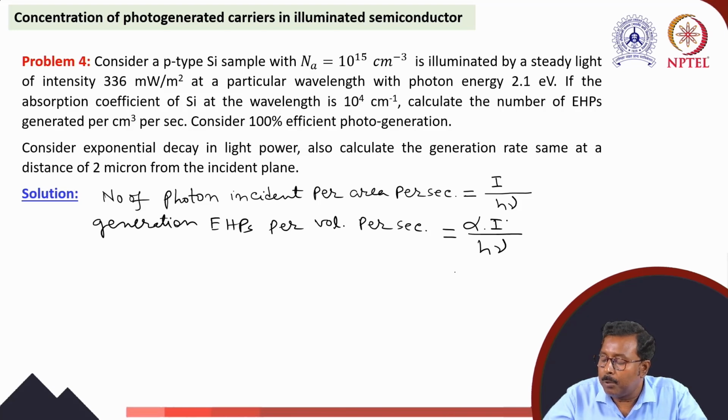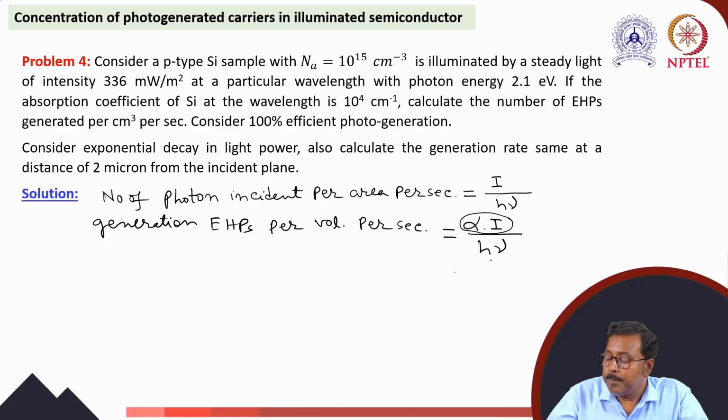So ultimately this product gives you per meter cube, that is per volume, and divided by h nu, that is the single photon energy. So for the number of photons you have to calculate the total energy divided by the single photon energy, because this watt consists of energy joule per second.